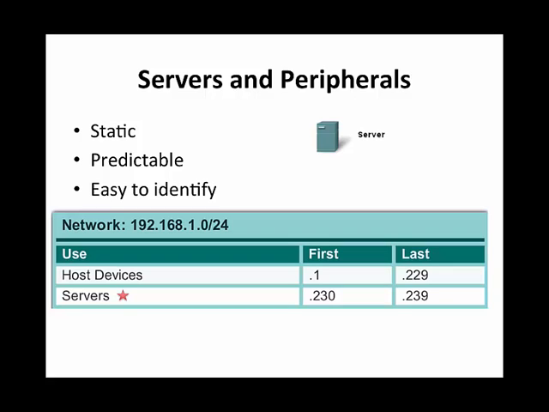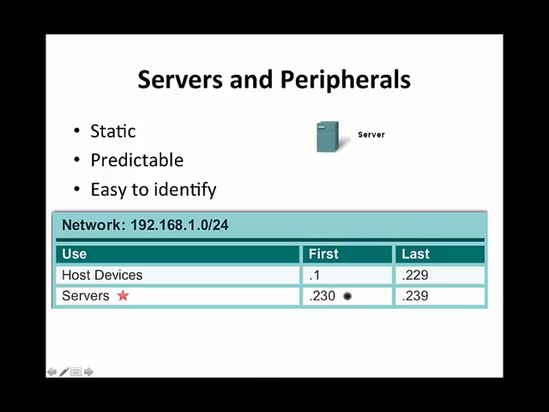Predictable, because if you are assigning more than one peripheral or server, it would be easier for you to determine that if one is server 1, the next must be server 2. That's a bit obvious. So if you have this organization in your addresses, it will be really easy to identify the set of servers and peripherals in your network.